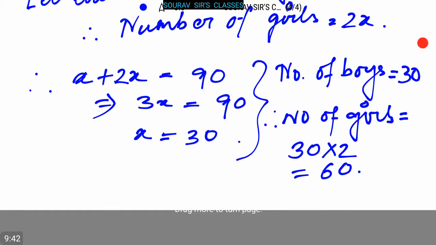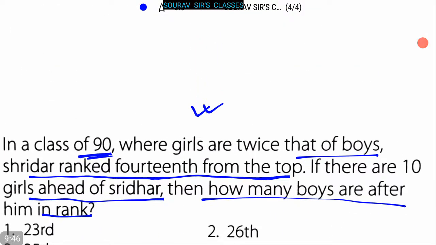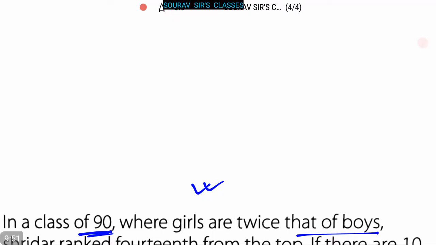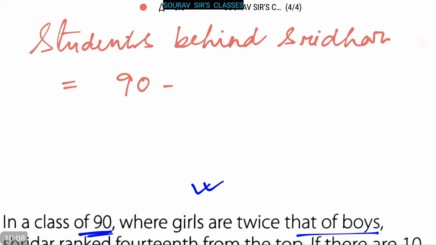Now students behind Sridhar is equal to 90 minus 14, that is equal to 76.